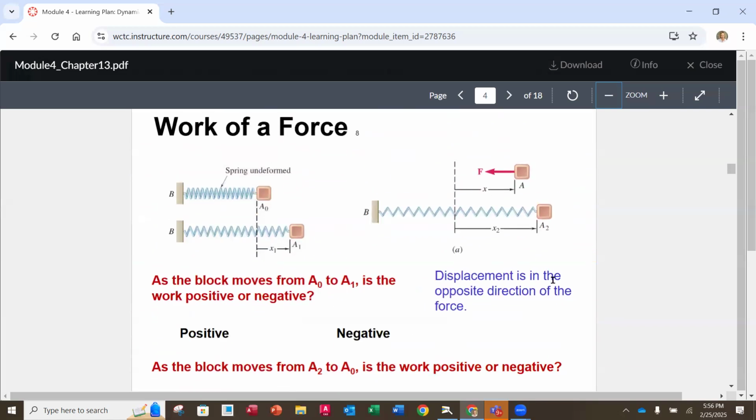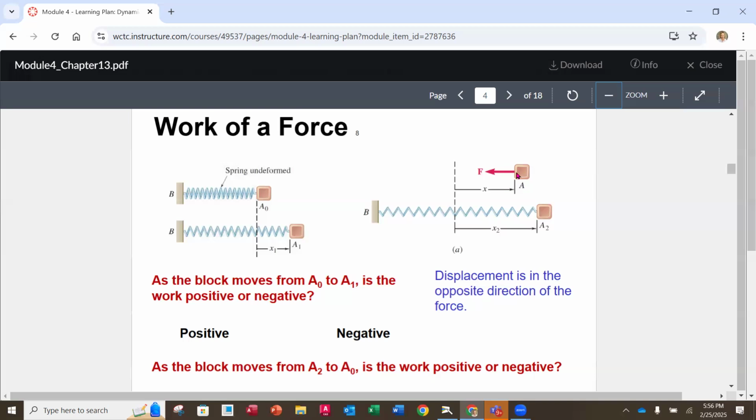Well, here's a little question. It says, as the block moves from A0 to A1, or A original to A1, you're going to notice here on the left-hand side, here's A original, the undeformed spring, and then we move it through a distance X1. Is the work positive or negative? Now, what you want to think about is the direction of the force on the body.